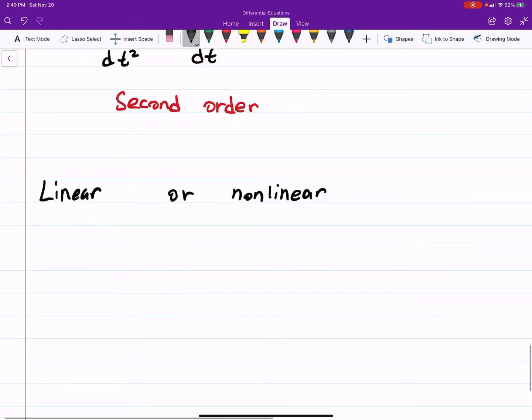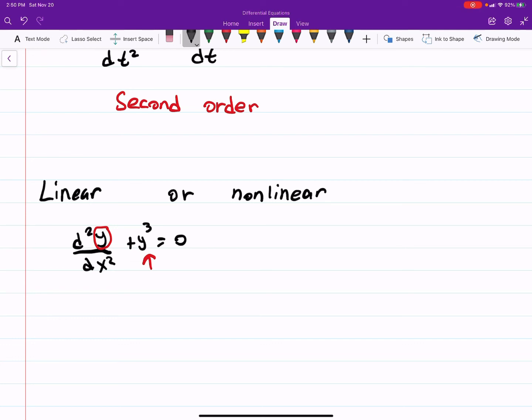Essentially, you could think of it like, just giving you an example. This is our dependent variable, and clearly it's not linear because this is to the third power. So we want that to be only linear terms. Obviously, that's not really what we have.